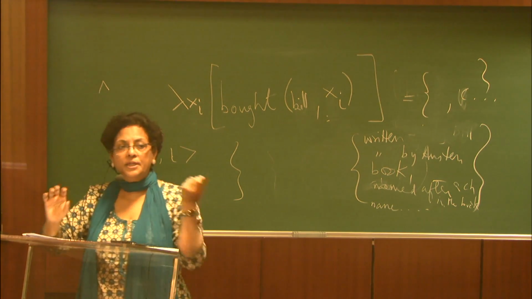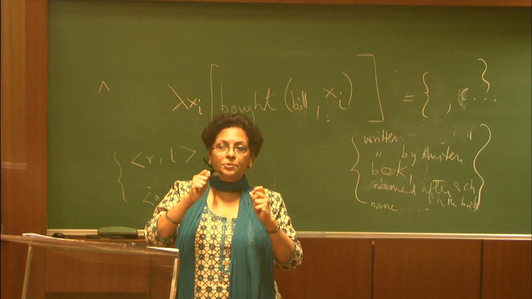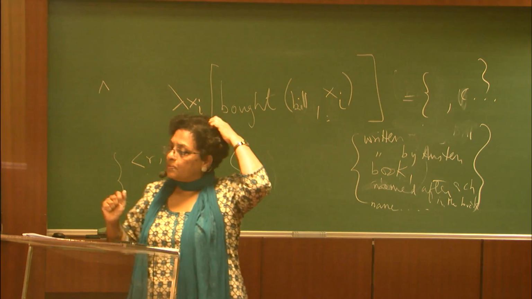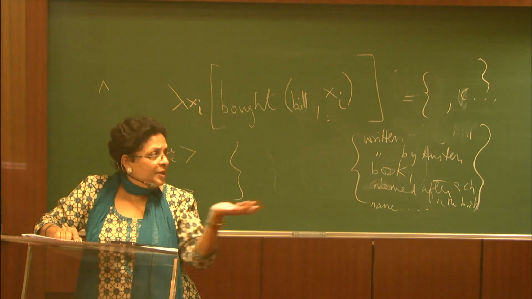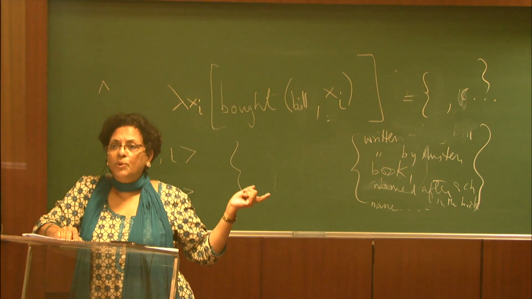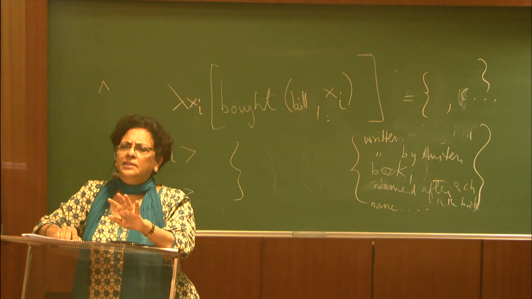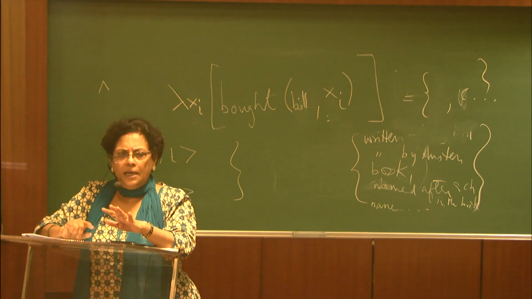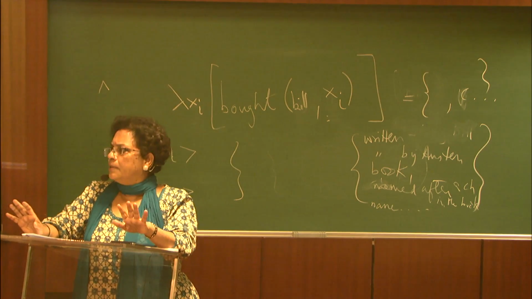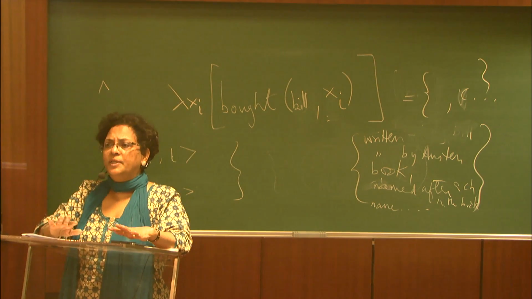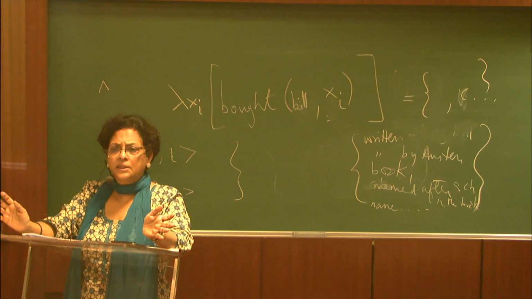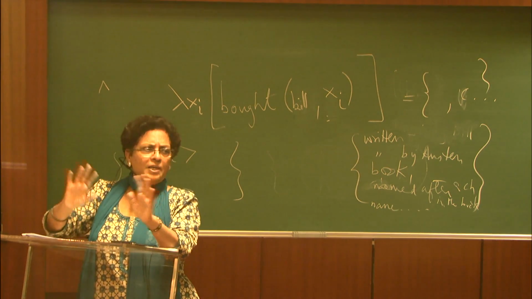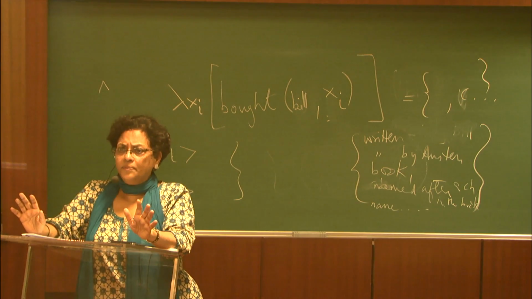So that's going to be the way in which we will move from proposition to set of propositions. And then we already know how we did some book. This one is basically some book, and we'll do exactly what we did with Bill bought some book here, except there's this P sitting in the middle which won't bother us too much. And then we'll abstract over P and we'll get exactly what we want, okay?